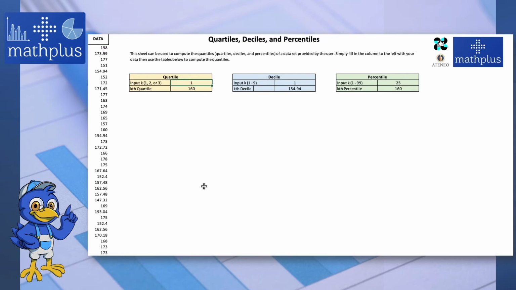Now the three colored boxes will compute for us the different measures of position. So you have the quartile, the decile, and the percentile. Of course, you can input your specified decile, percentile, or quartile. So here we can input 70 or 99 to see the 99th percentile.